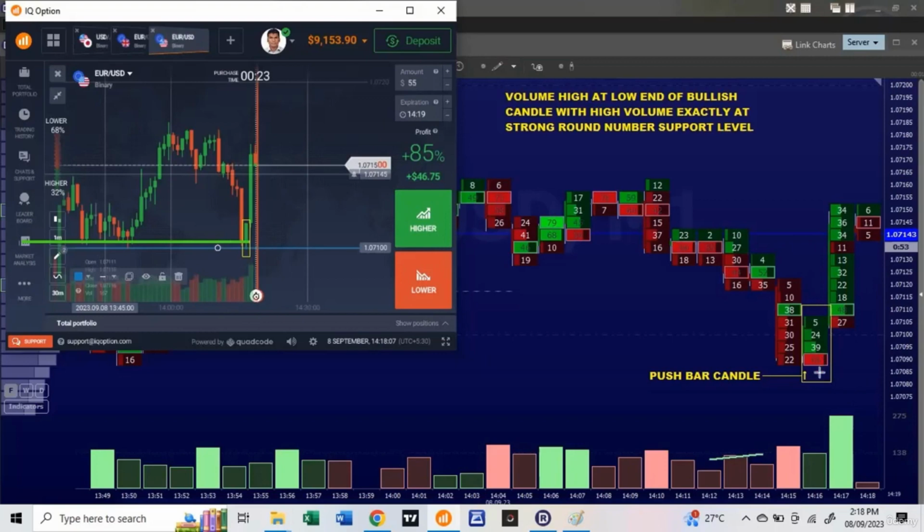Now this candle, you have to take this one as a push bar. Although the volume is high, showing high on the seller side, this volume failed. Sellers failed here. If sellers were really stronger, then the market would go below the opening price. Try to understand.